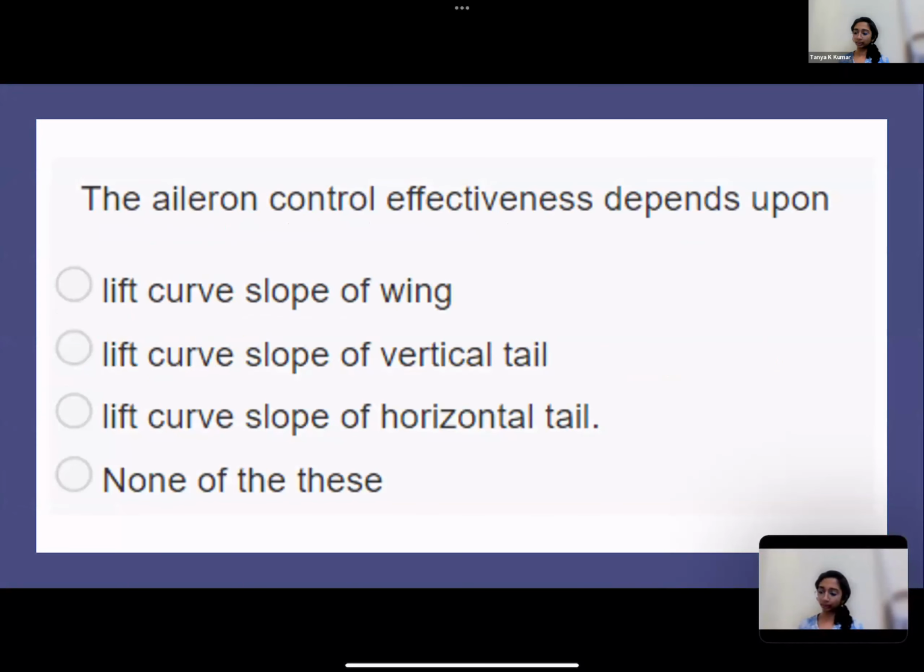Next question. The aileron control effectiveness depends upon the lift curve slope of the wing, lift curve slope of the vertical tail, lift curve slope of the horizontal tail, or none of these. Which of these surfaces is the aileron fixed on?